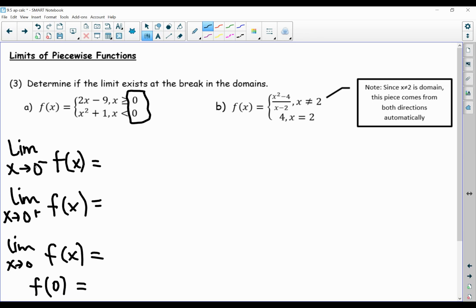Okay, so if I wanted to find the limit as x approaches 0 from the left of this piecewise function, I'm going to look at my domain and see which function contains the left of 0, which is going to be that second function where x is less than 0. So what I'm going to do is, even though this domain doesn't include 0, I'm going to find the intended height of that piece at 0.